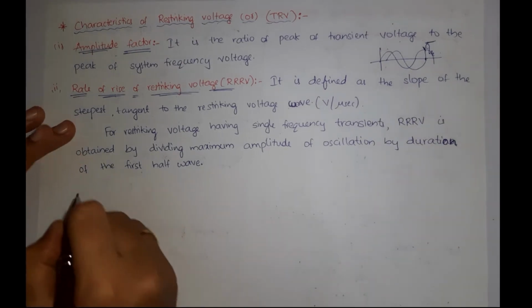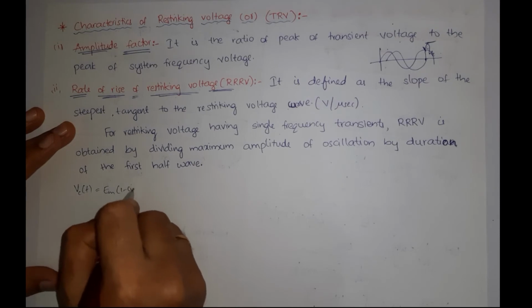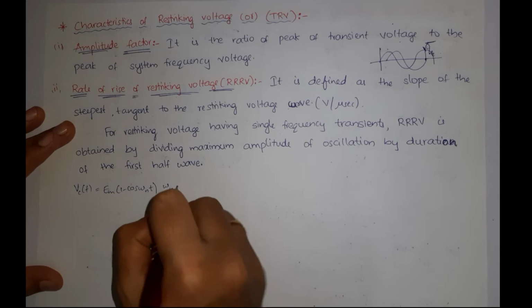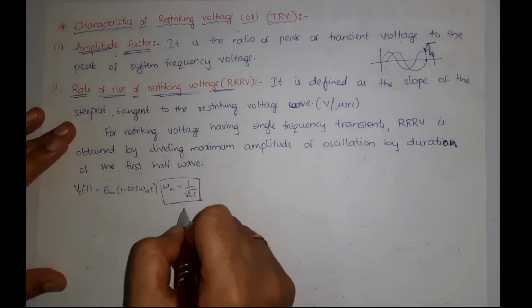Let me show you. That is Vc(t) is nothing but Em (1 minus cos omega n t), where we have already derived it in the last class, and omega n is nothing but 1 by root LC. Right.